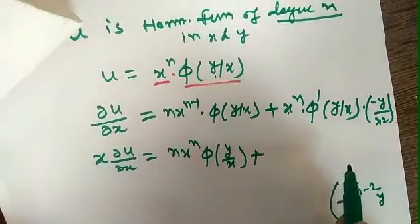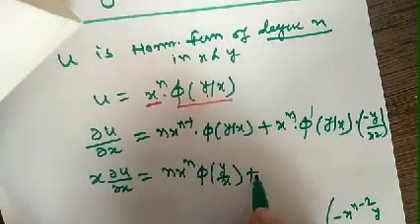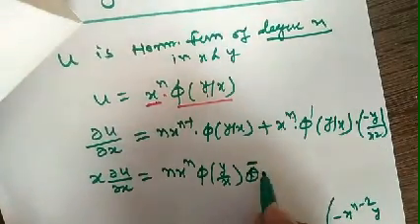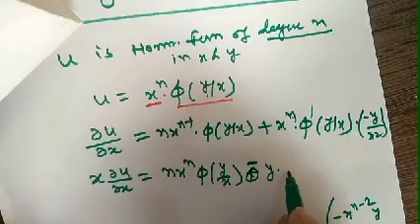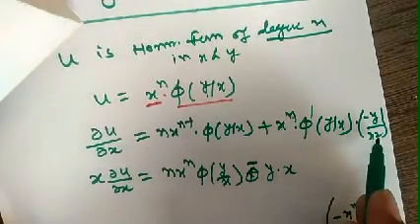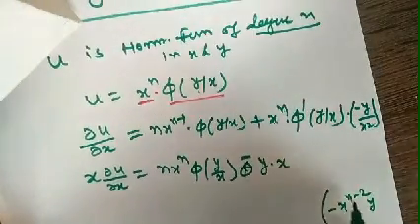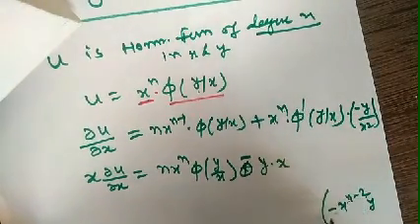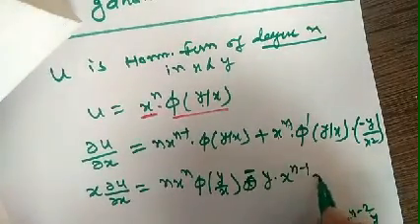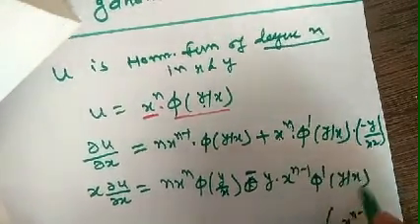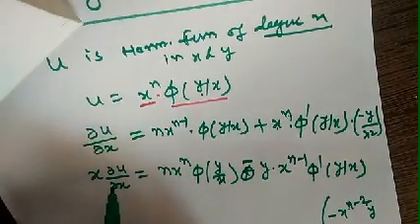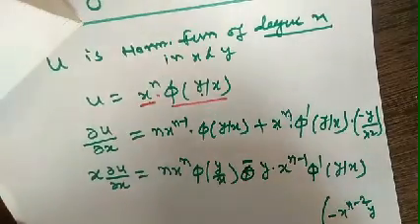Therefore this total term becomes minus y into x raised to power n minus 2, multiplied by x, so the total becomes n minus 1 into phi dash of y by x.